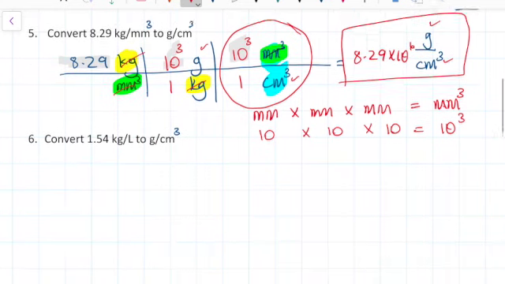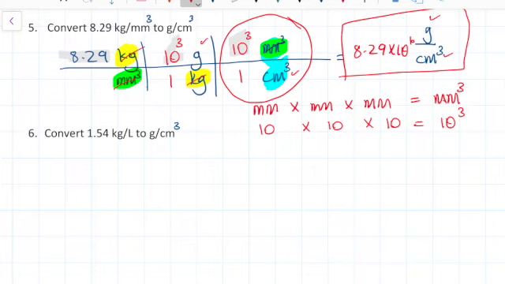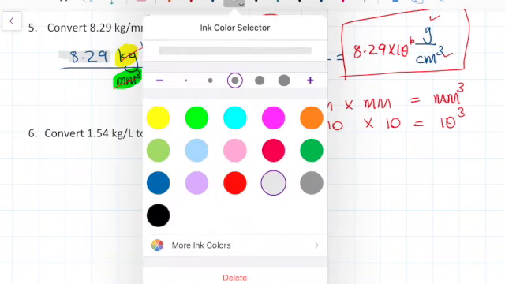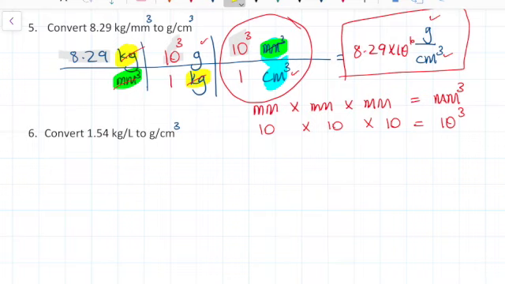Let's do one more, and this is the last one I'll do with you unless more problems arise in my own classes. In this one, it's a little bit frightening looking because they are wanting us to go from kilograms per liter to grams per centimeter cubed.